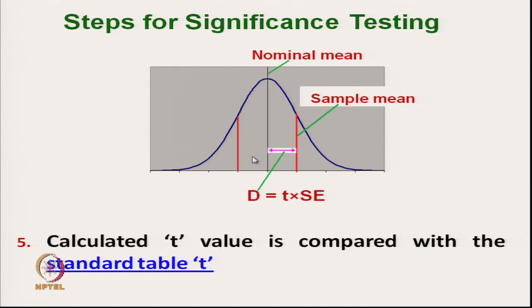Here d is known because our nominal value is known and our sample mean we have calculated. Then the standard error we can calculate using the formula which is unique for any sampling distribution, and then d divided by standard error gives the t value.